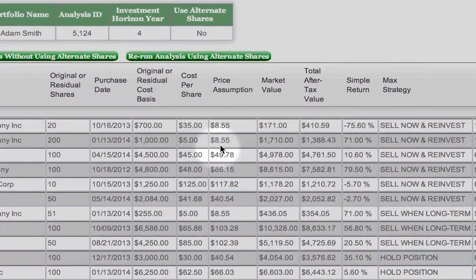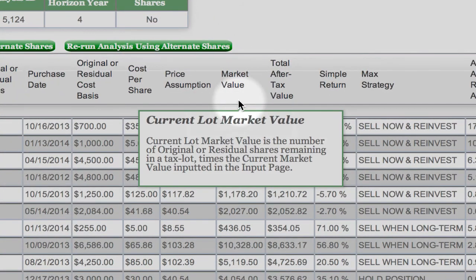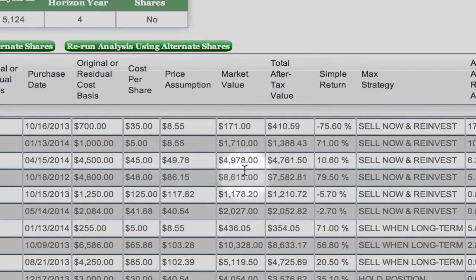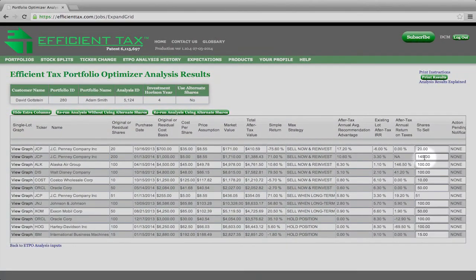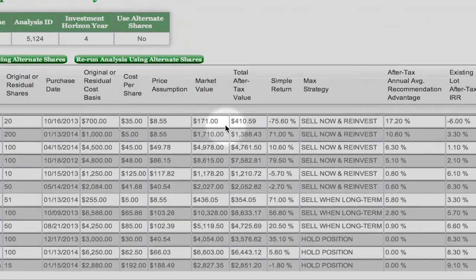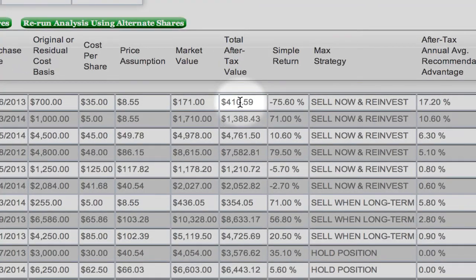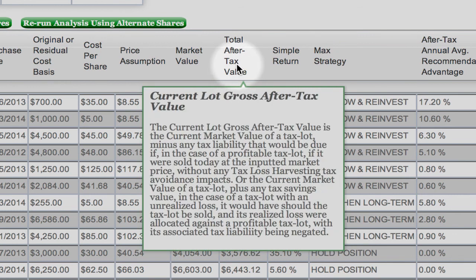To the right is the market value of the original or residual shares remaining of a tax lot under sale consideration. An original number of shares purchased of a tax lot can be reduced due to sale designations or as a result of any tax loss harvesting. And then we have the total after-tax value of the original or residual shares. Remember, you can cursor over any heading and find its definition.